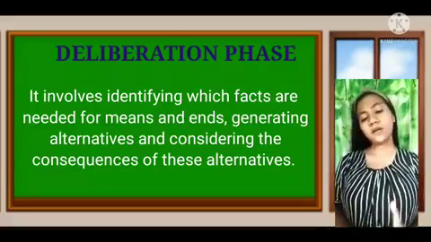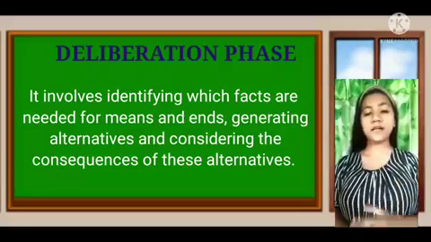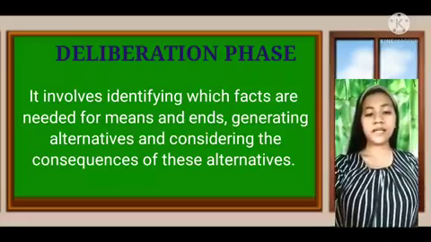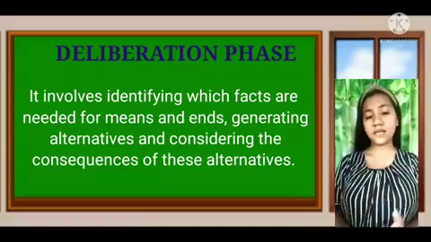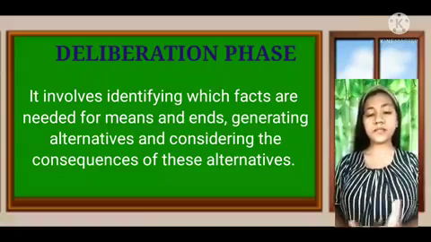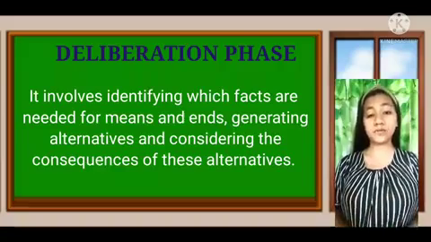So again, the deliberation phase is used to identify which facts are needed for means and ends, and to weigh alternative costs and consequences to choose the best alternative for the curriculum task.